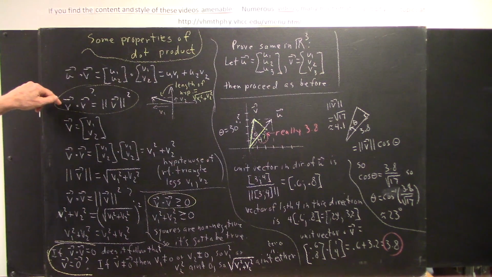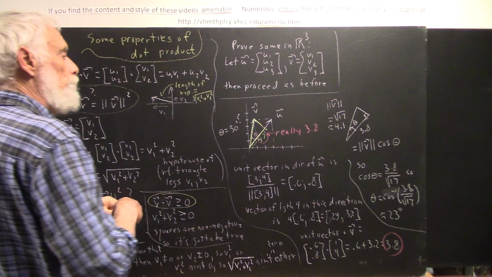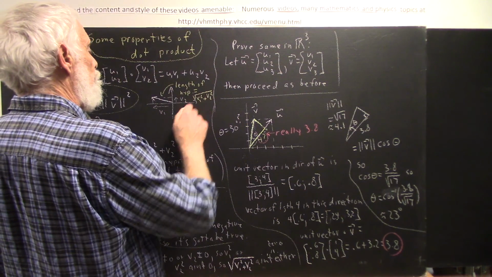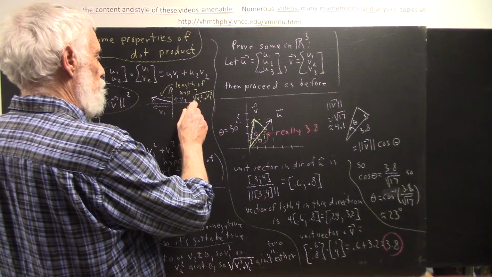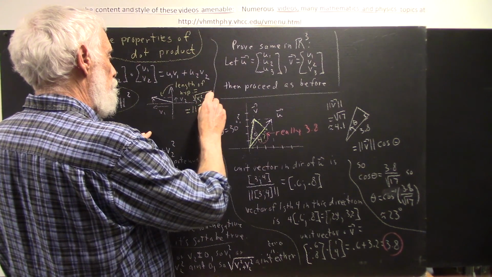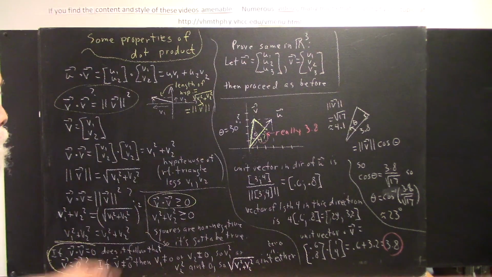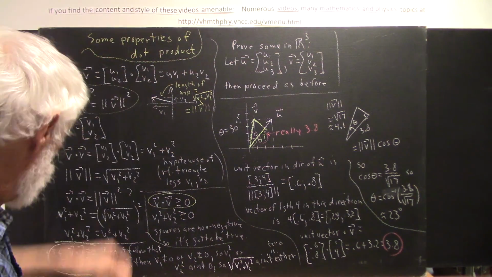Now, is it then true that v dot v is equal to the square of the magnitude of v? And of course, what we calculated here, the hypotenuse, is the magnitude of the vector v, where v is the vector v1, v2.